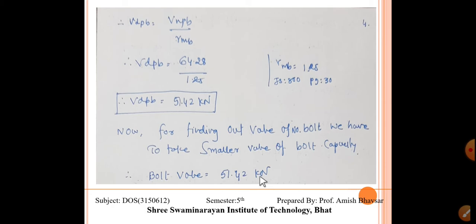So in this case the smaller value is 51. Whenever force acts on the two plates, the bolt will fail at 51 force. So we are taking 51 as the bolt value.